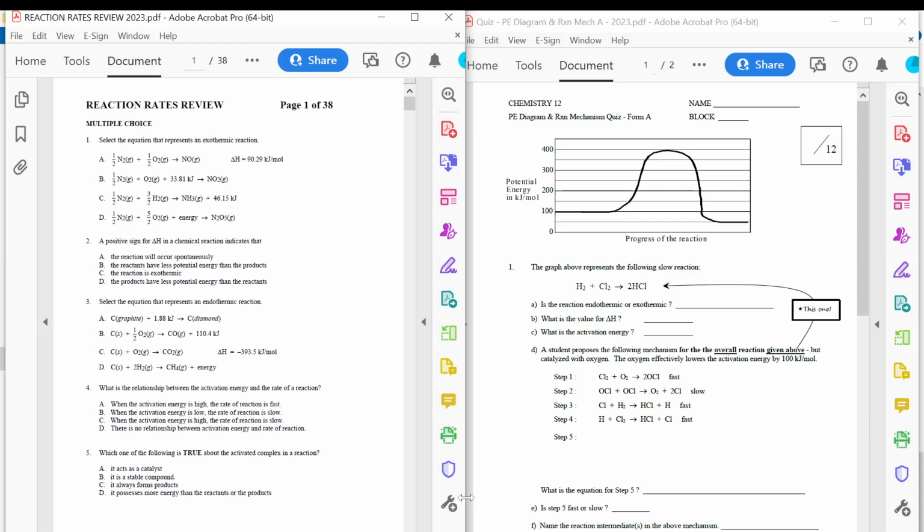So what happens to rate? Why? Particles. At a higher temperature, particles bounce faster. At a lower temperature, particles move slower.